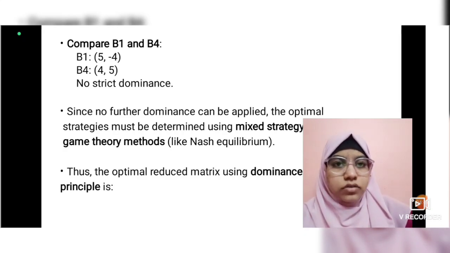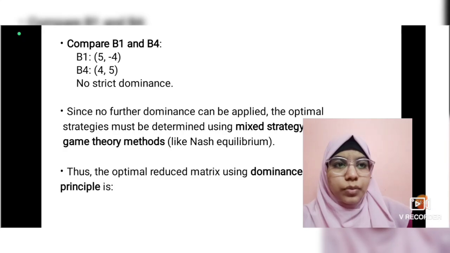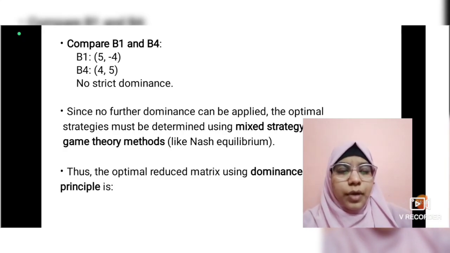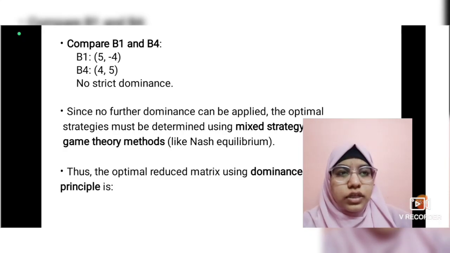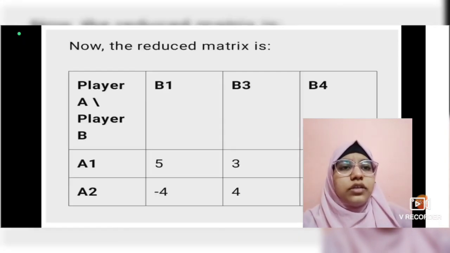No strict dominance. Since no further dominance can be applied, the optimal strategies must be determined using mixed strategy game theory methods. Thus, the optimal reduced matrix using dominance principle is as follows.